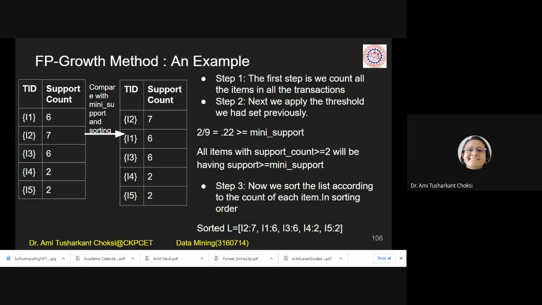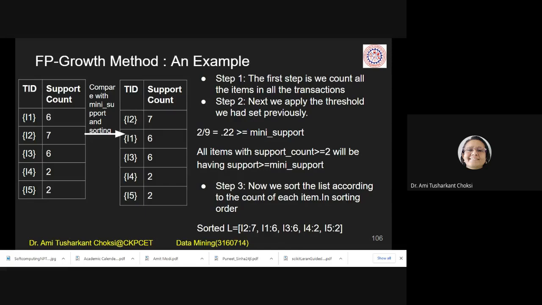Now we sort this support count, where the support is greater than or equal to minimum support. We sort it in descending order, that is, the item having the highest support we keep first, and then the other ones.